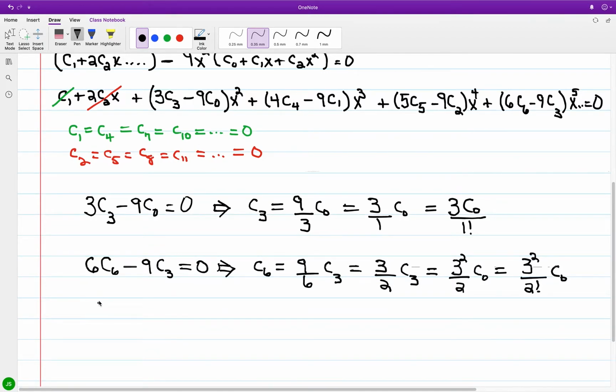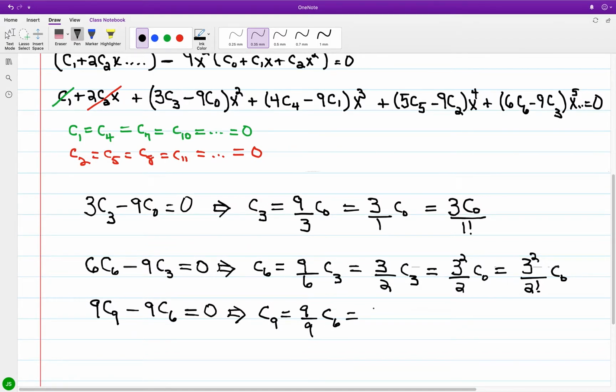And if I were to go out even further, I have 9c of 9 minus 9c of 6 is equal to 0. So I have c of 9 is equal to 9 over 9 c of 6.